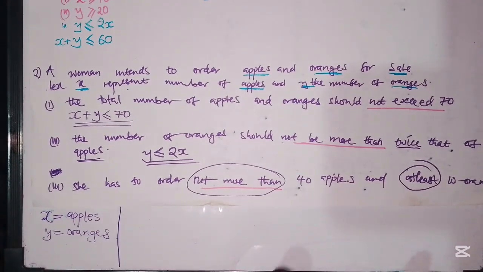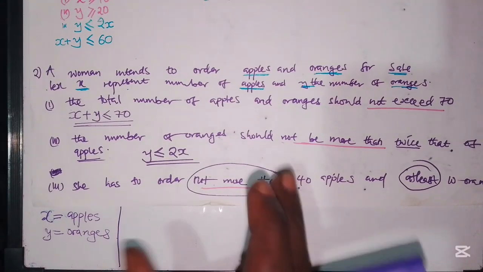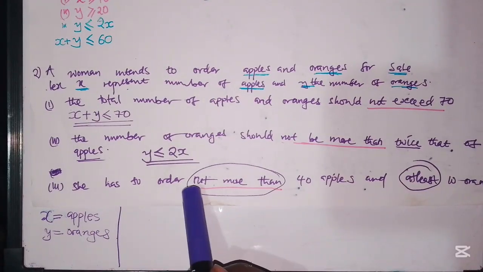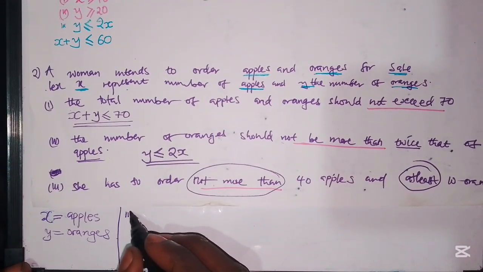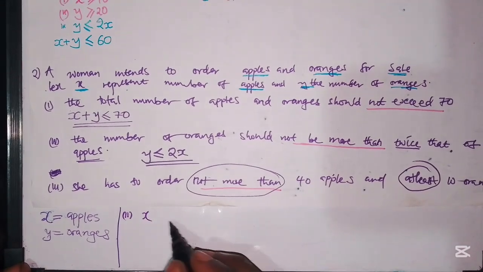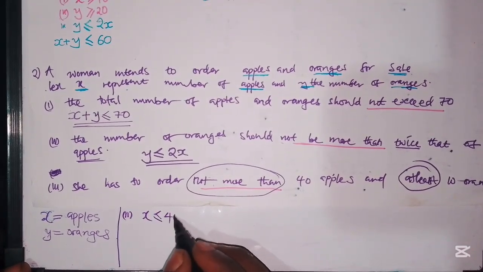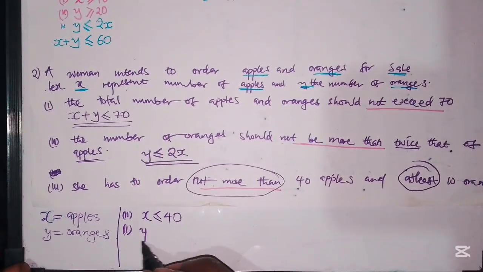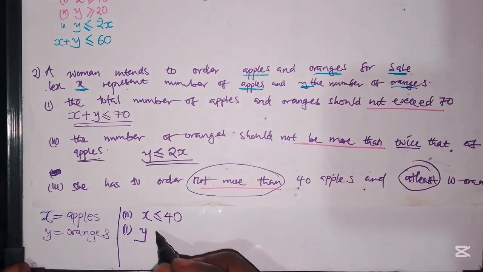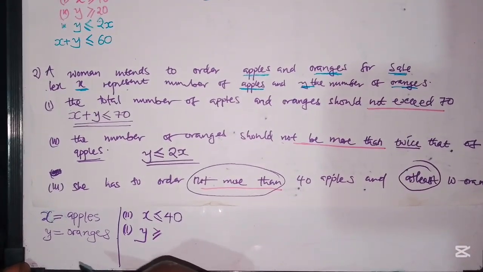Whenever you see these words, just know in your mind that there should be an inequality. She has to order not more than 40 apples, and apples are represented by x. So our third inequality is x should not be more than 40. And our final inequality, for oranges, is y at least, which means greater than or equal to, 10.